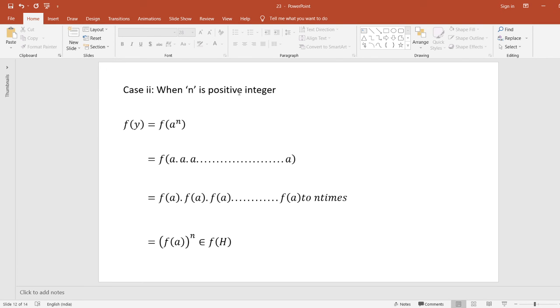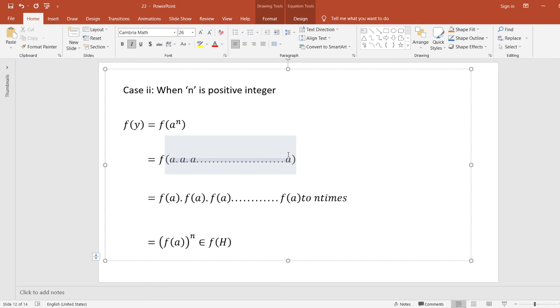When n is a positive integer, f of y is equal to f of a power n. We know a power n can be written as a into a into a, up to n times. So f of this is f of a into f of a into f of a, n times, because f is a homomorphism.